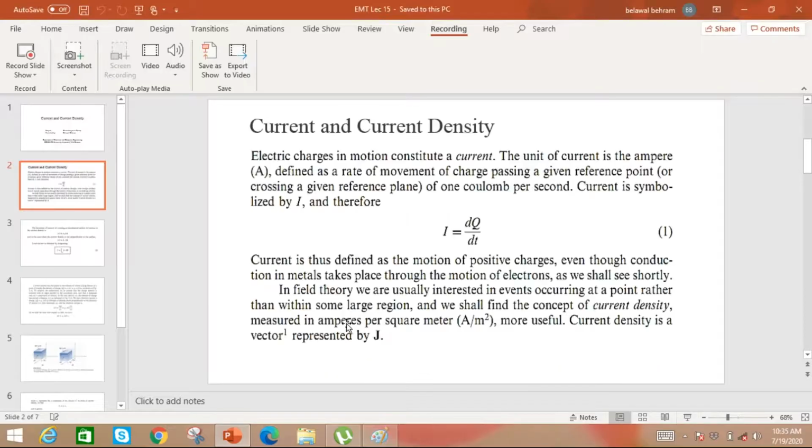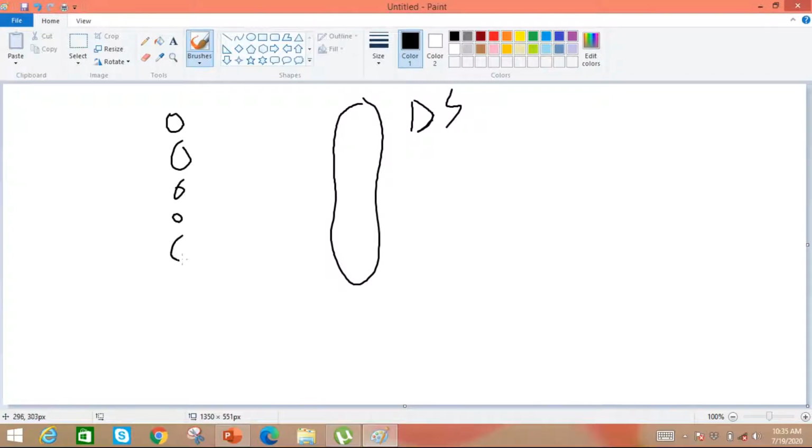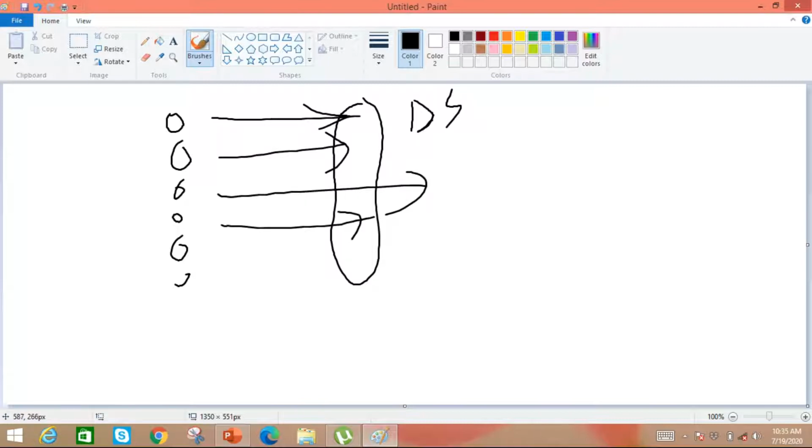Now what does it mean? Let's suppose we have some charges and those charges are passing through a given reference point or a given reference plane. So let's suppose we have some plane having an area del S, and these charges are passing through this plane.